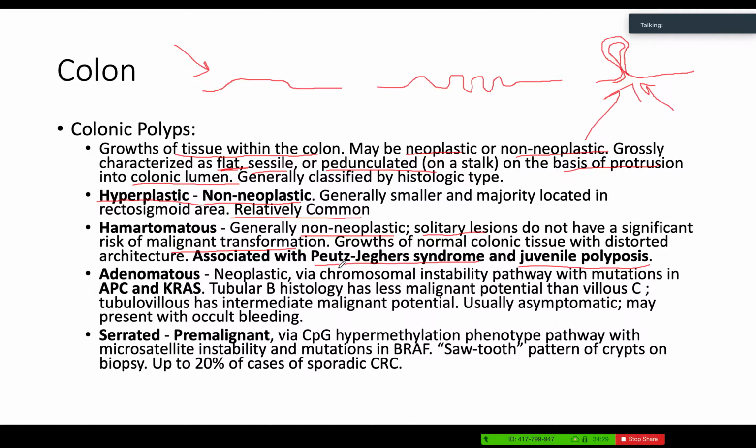Okay, Peutz-Jeghers syndrome is a disorder, I'm sure you're familiar with this, where you get hamartomatous polyps throughout your whole body. And so typically the number one way it's going to be described is you're going to look at the patient's lips. And on the lips you're going to see a lot of dark, almost looks like freckles, purplish freckles on the lips. And these are essentially hamartomatous polyps of the lips.